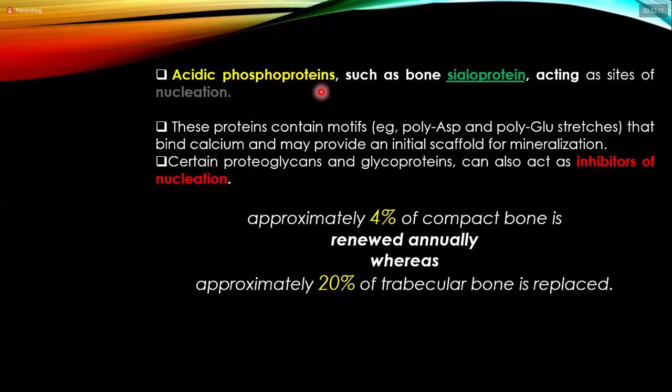Why? Why are they called acidic proteins basically? Because they are rich with acidic amino acids, like aspartic acid or glutamic acid. Okay, so why are these proteins, for example sialoprotein, very important for bone formation and mineralization?